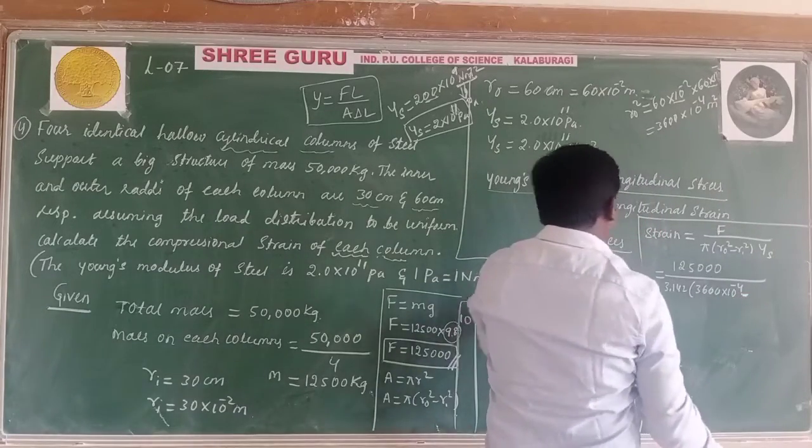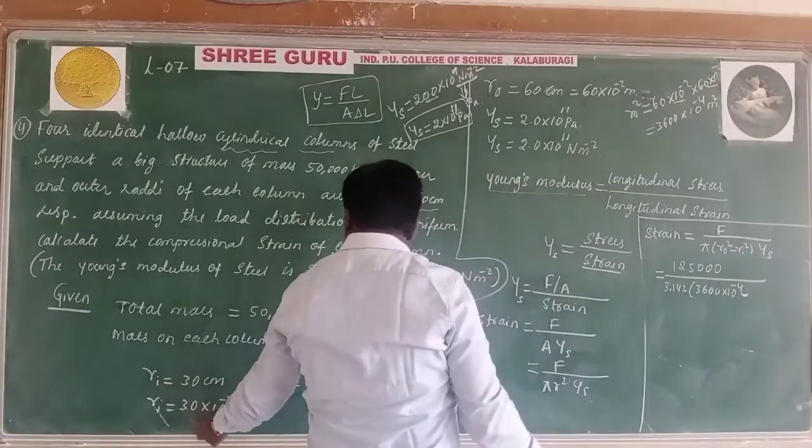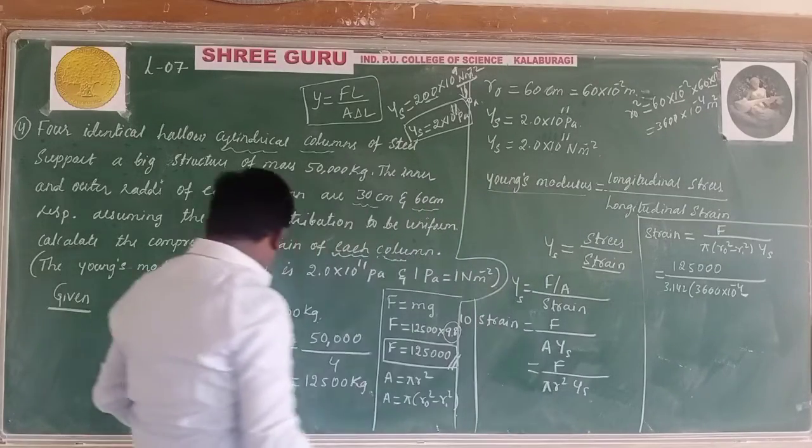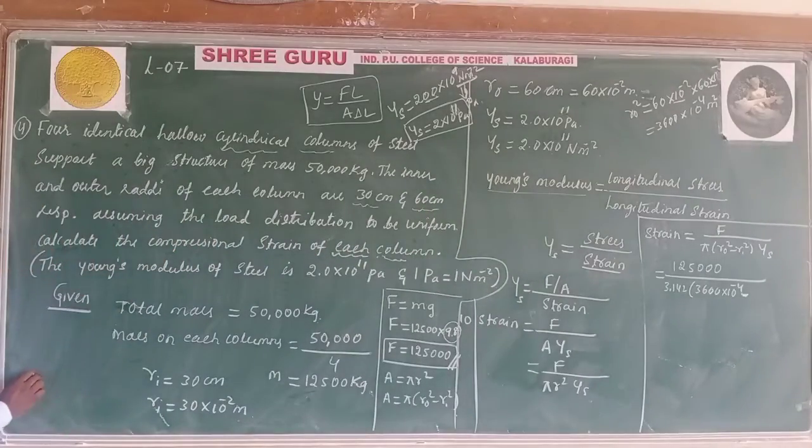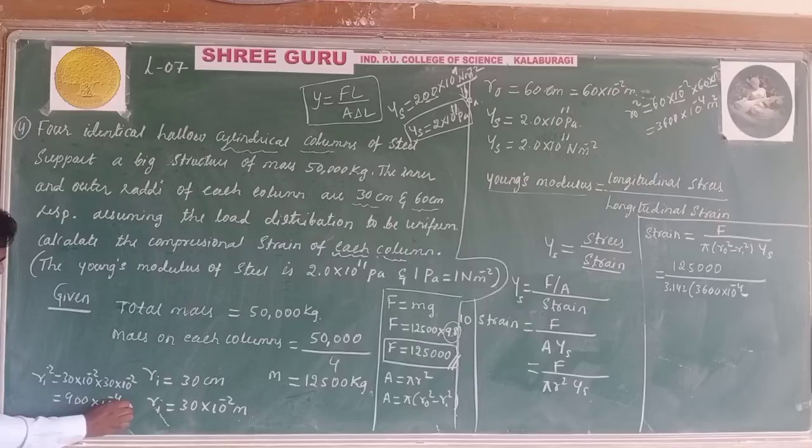Similarly for the inner radius, Ri square is equal to 30 into 10 raised to minus 2, 30 into 10 raised to minus 2. This is the square value, 30 into 30 means 900 into 10 raised to minus 4 meter square.